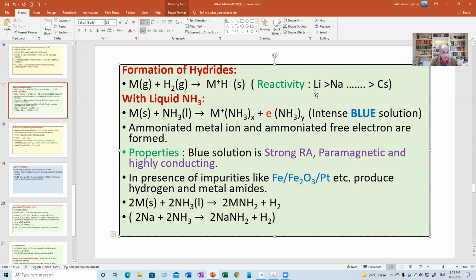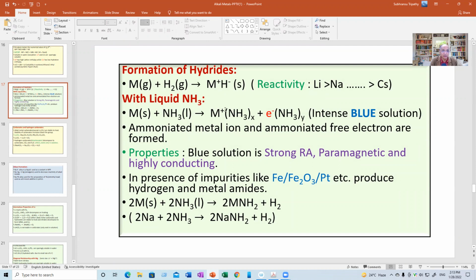IE may be the highest, but this lattice enthalpy makes lithium react fastest. Cesium is the lowest. It is in the gaseous state, not in the liquid, aqueous state. So remember, with a lot of caution, that there lithium was the slowest, but here in the gaseous state forming hydrides, lithium is the fastest.